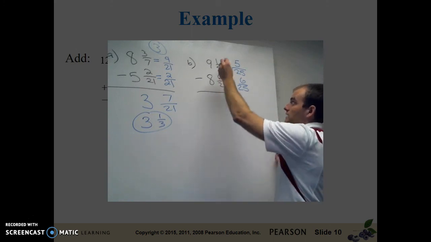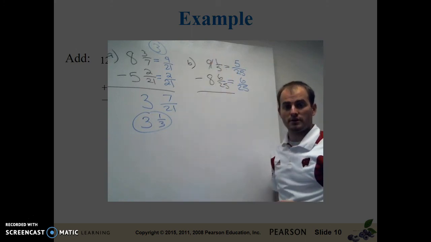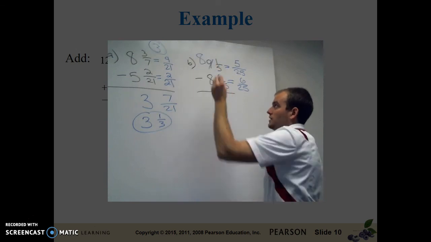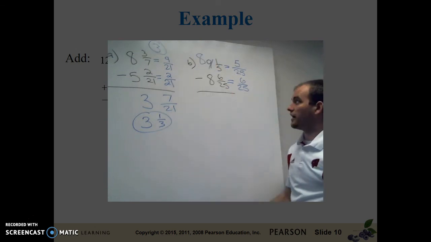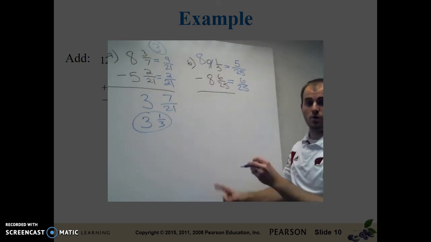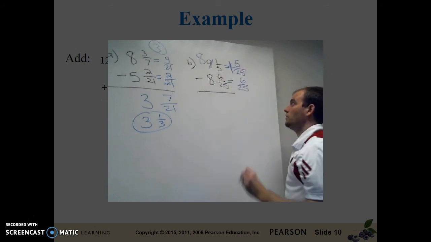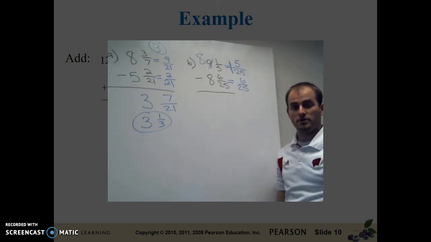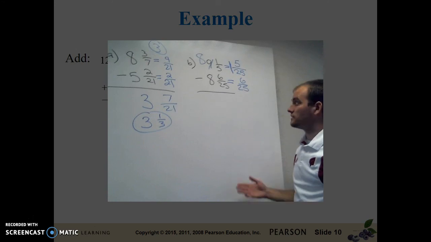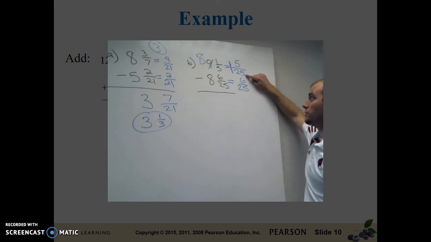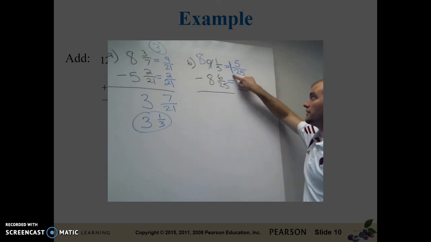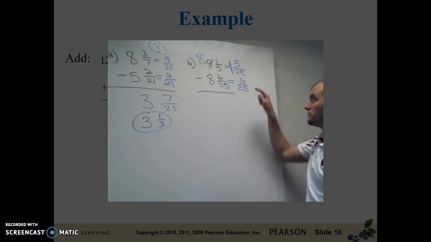So we need to go back and borrow from our whole number 9. That would become an 8. So what we did was we borrowed one whole number. So you can put that one whole in front because we borrowed it there. Now let's convert that to improper. 25 times 1 is 25 plus 5.